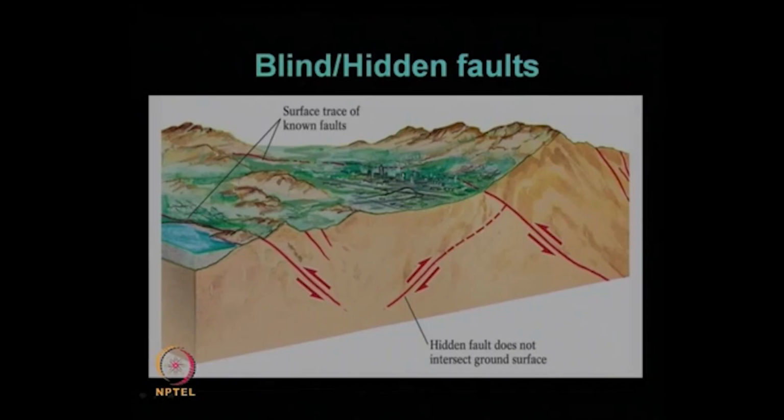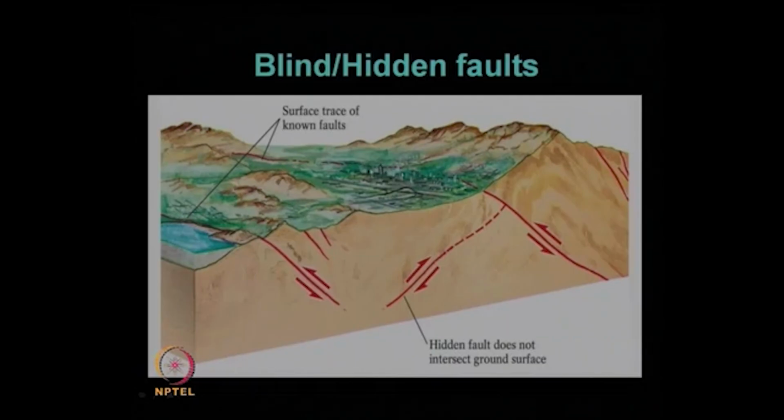So, you can see in this picture, this dotted line on the ground surface is the surface trace of a known fault, because this is the fault plane. As you can see over here, this solid red line, the fault plane, when it intersects the horizontal plane of the ground, creates a mark on the ground, that is the surface trace of the fault, as we have seen just a few minutes back.